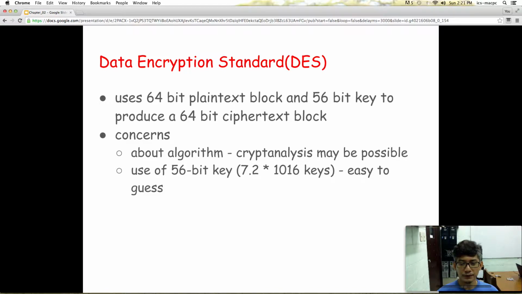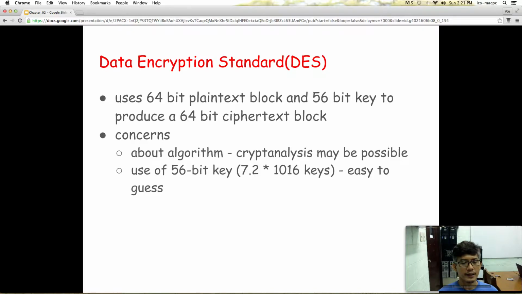As mentioned previously, cryptanalysis is done with knowledge and understanding of the algorithm itself and some plain text and ciphertext pairs. Also, the size of the key for DES is only 56 bits, so it's quite easy to guess with modern hardware.